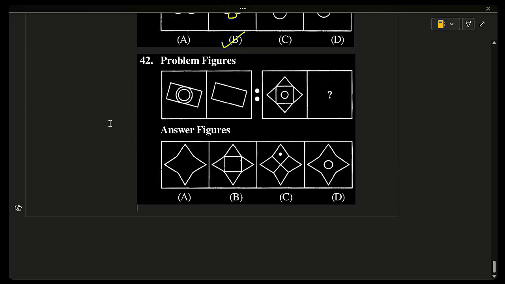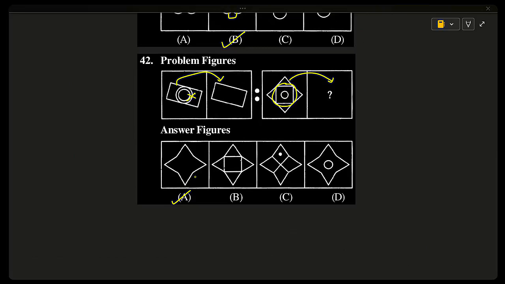What you can see is the outer figure is remaining as it is, but all the inner figures are getting deleted. So here also the same thing. The outer figure should stay as it is, and all of the inner figures should be deleted. So it is seen in option A.